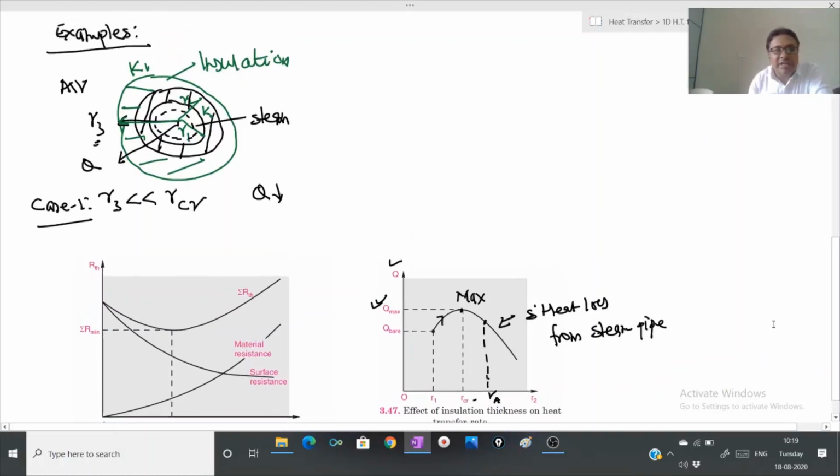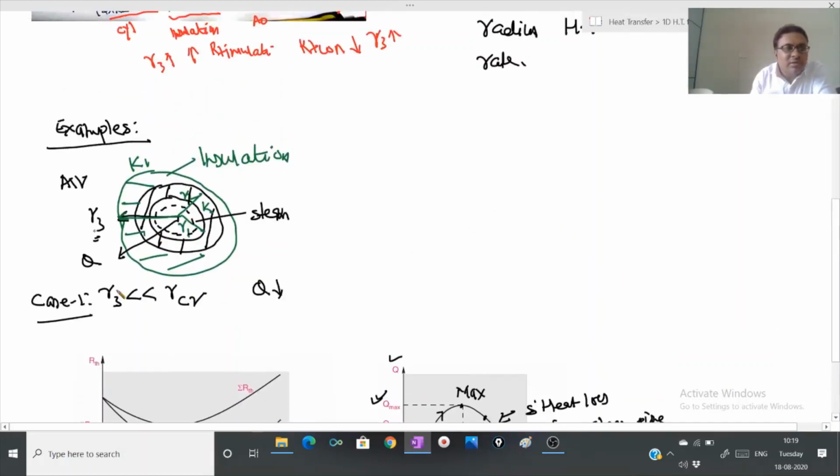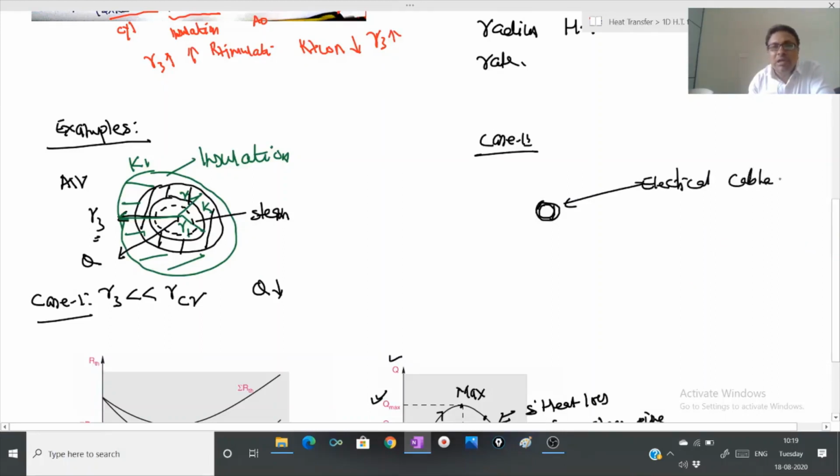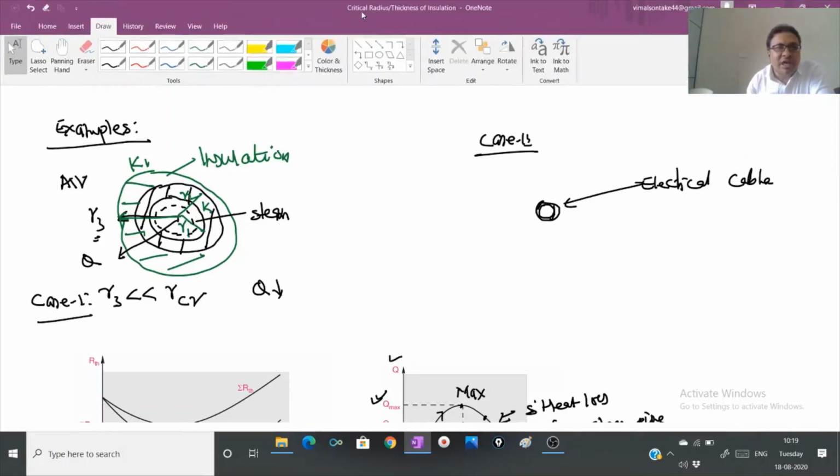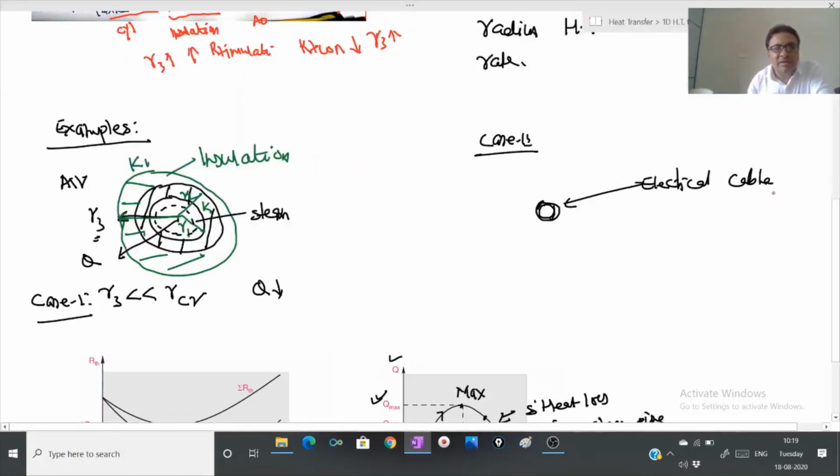Now let us take another example. This is an electrical cable of, let's say, certain finite thickness. This thickness I am not considering. Now these electrical cables are provided with a PVC or plastic cover.